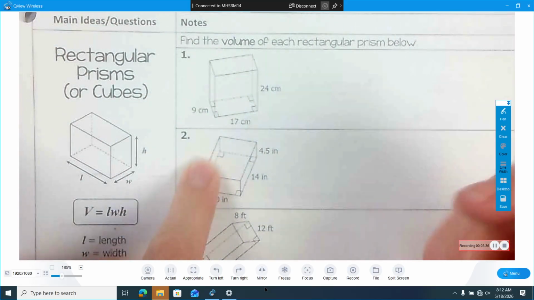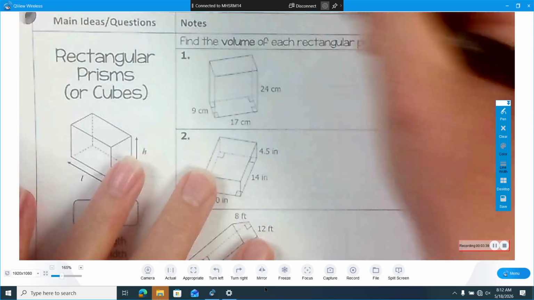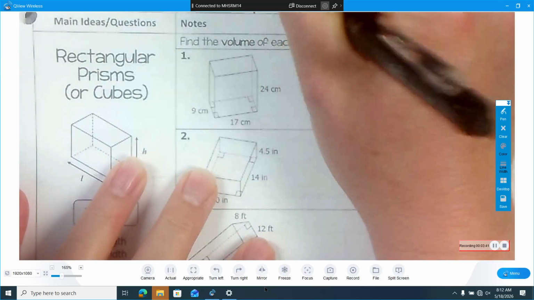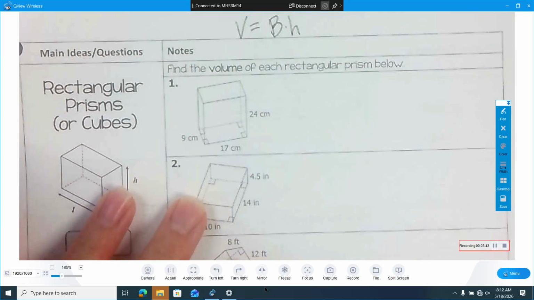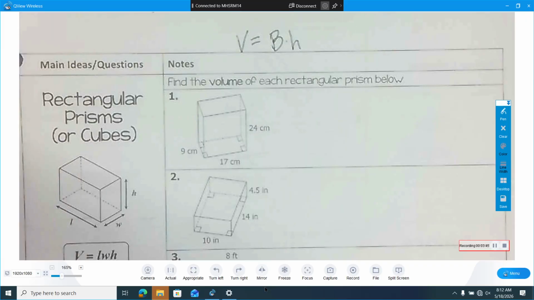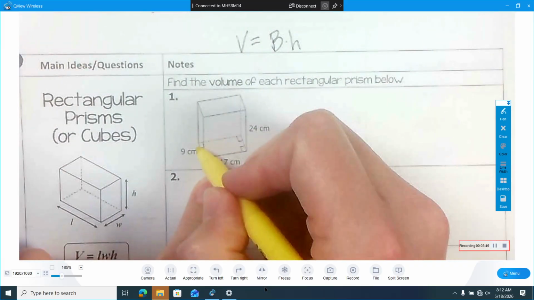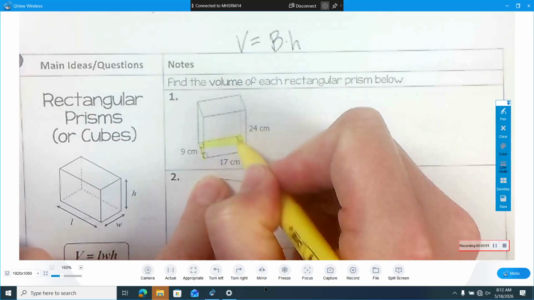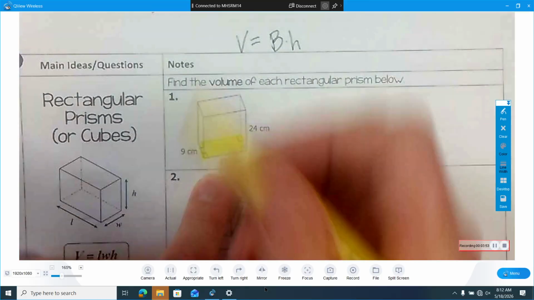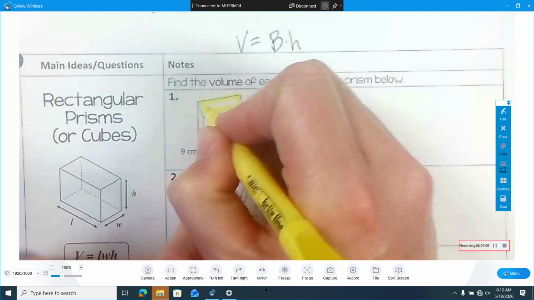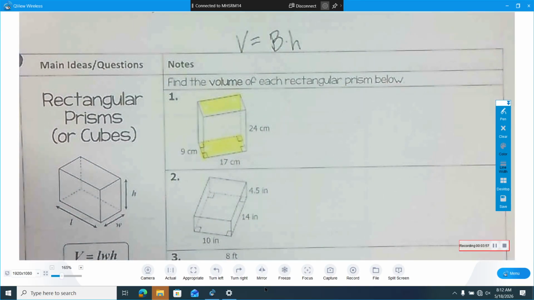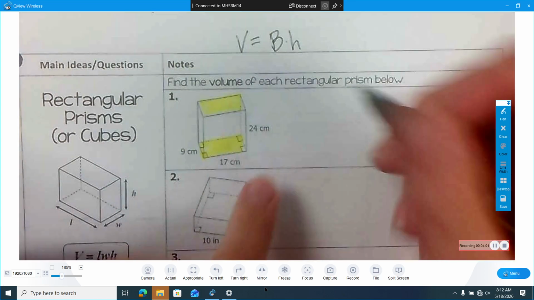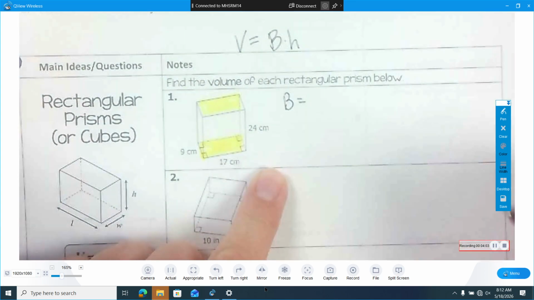So when I look here, I'm going to use the same formula, capital B times H, area of the base times the height. The base on this rectangular prism is here in yellow. There's also the matching base on top. Remember, a prism has two congruent bases, and I'm going to find the area of the base.